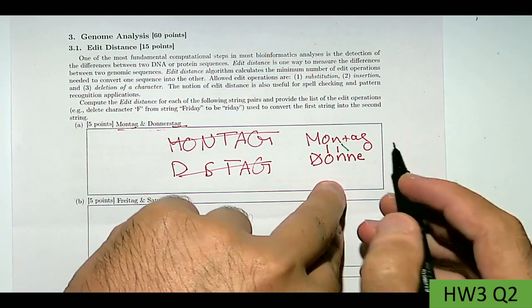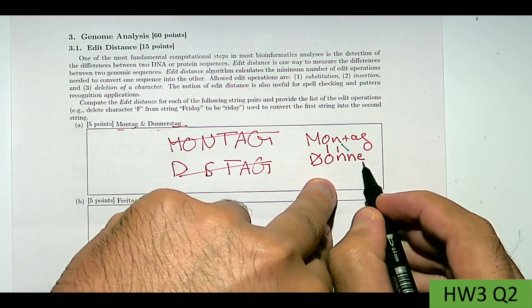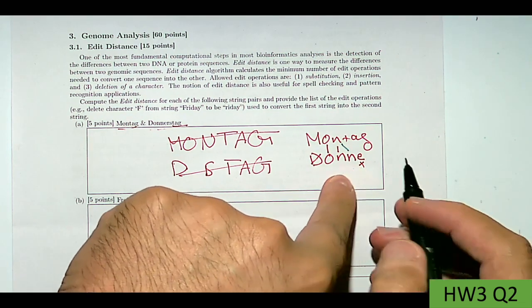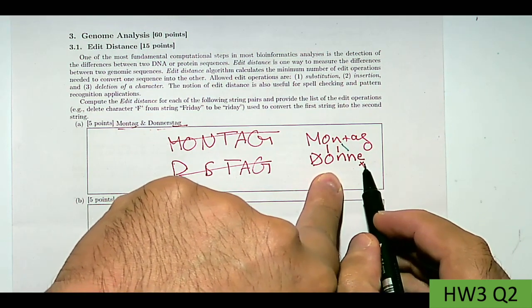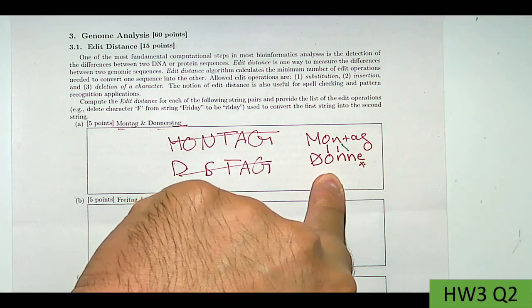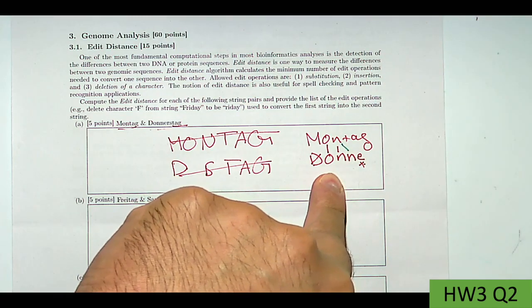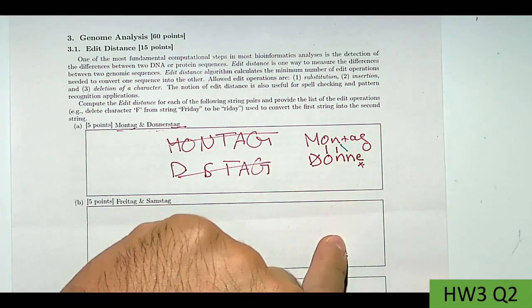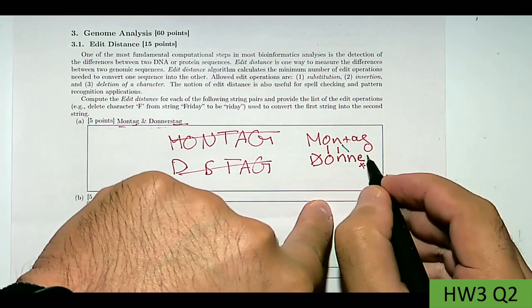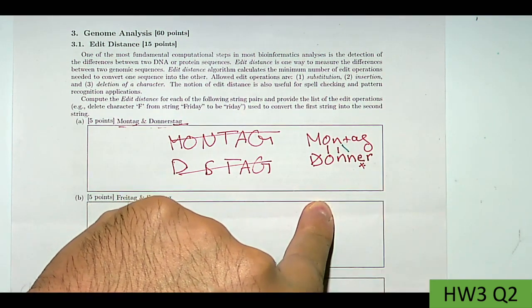Anyway, apparently here we have another deletion. By the way, if it is a deleted character from this sequence, it's the same as if you inserted it in the other sequence. So deletion or insertion, same answer, okay? Now, what's next? We have the R, same story. We need to delete it.